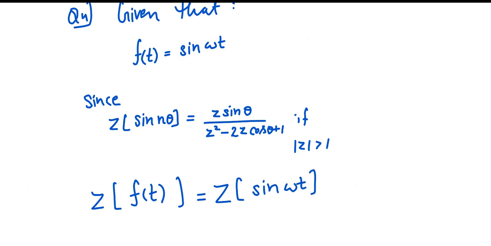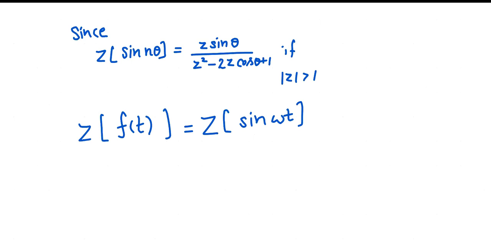We can write this as z sine omega nt also. Remember, if we have small t here, then we use capital NT.